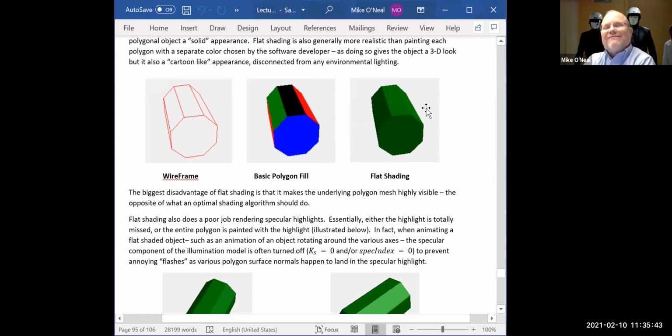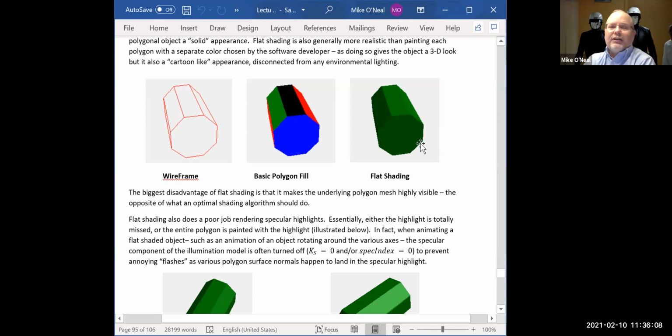But when you define the object, you basically have to either come up with an algorithm or by hand say, okay, which polygons do you want to blend surface normals between, and which ones do you not want to blend surface normals between?